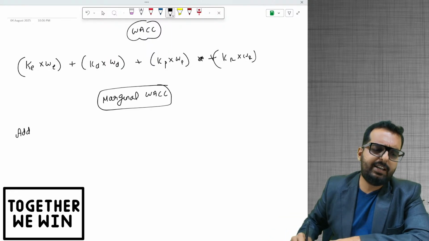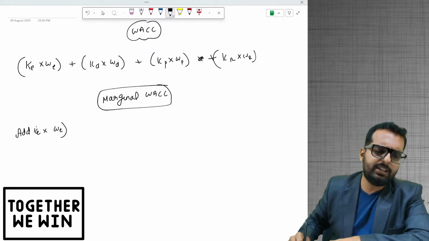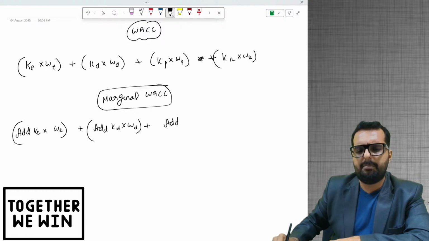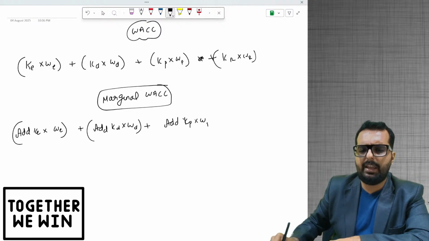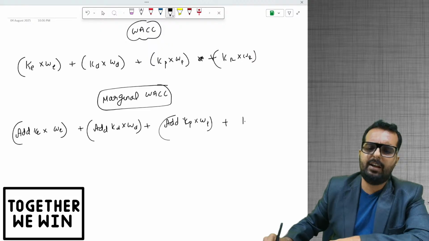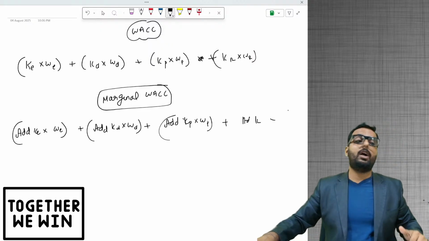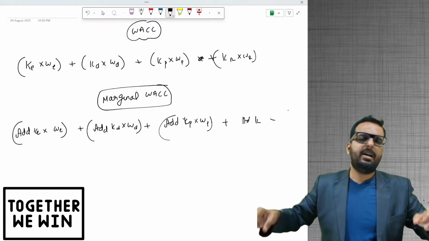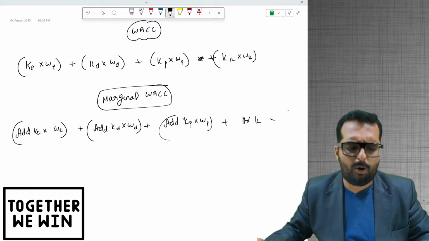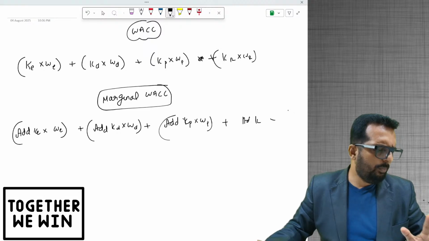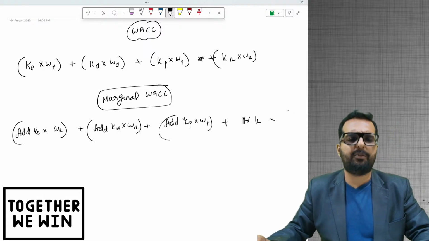That is additional KE into the additional weight of equity plus additional KD into the additional weight of debt plus additional KP into the additional weight of preference plus additional KR into the additional weight of R, and so on. I hope you have understood the meaning of this part, friends. Please type a yes in the chat box. Fantastic. I hope everybody is clear with this part, friends.